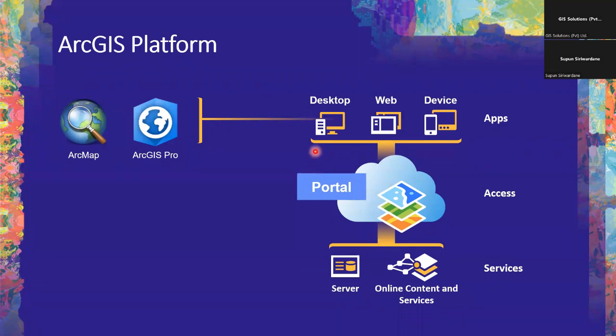So from desktop ArcGIS Pro, you can publish maps into the web environment, and from the web environment, again, you can take the data and analyze it. So it's kind of a GIS-based ecosystem where you can do various analysis using the platform.